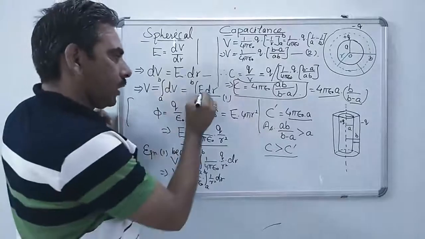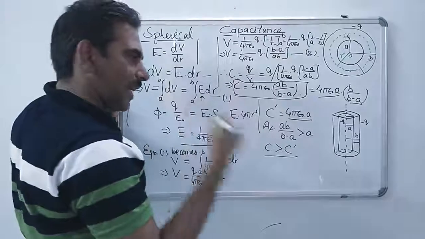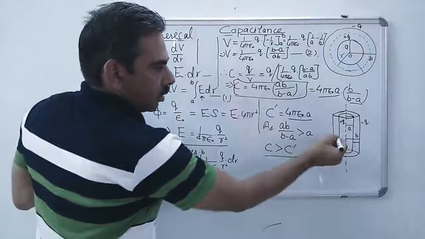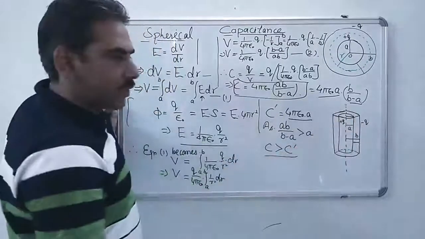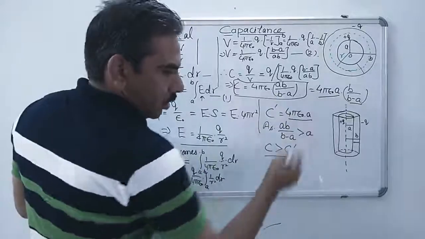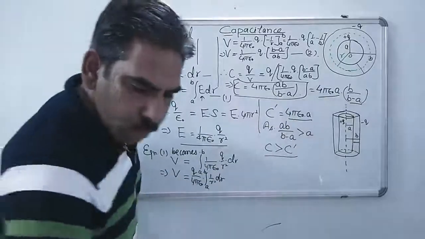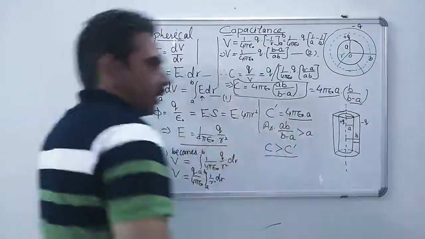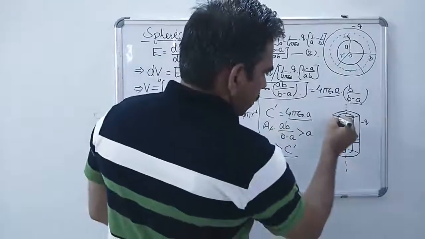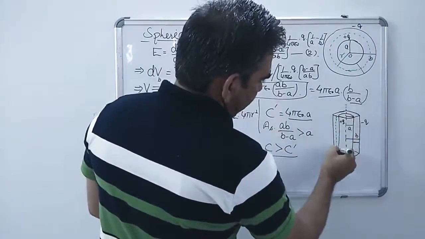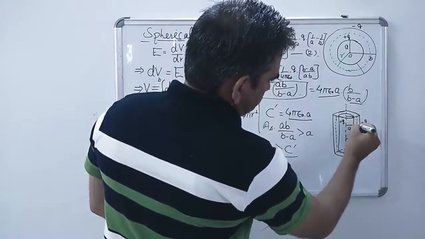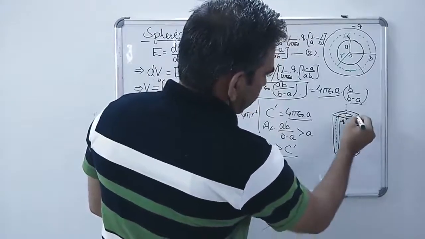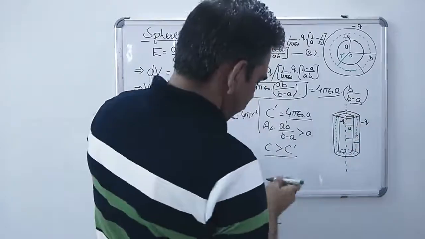Now we substitute the value of the electric field for any Gaussian surface between the two cylindrical surfaces. So we draw a Gaussian surface which is enclosing the inner cylindrical surface. Here is the Gaussian surface which encloses the inner surface, just like this.